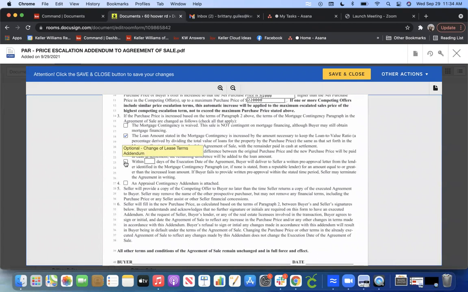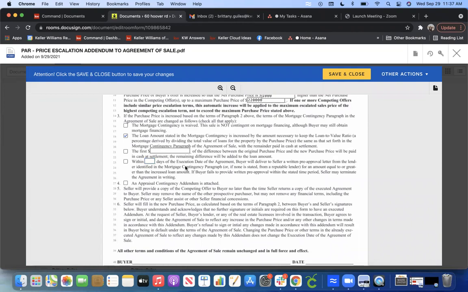Then you'll also see the option here: within blank days of the execution date of the agreement, buyer will deliver to seller a written pre-approval letter from the lender identified in the mortgage contingency paragraph, basically with an amount equal to or greater than the new purchase price. So maybe their pre-approval was only for $200,000, but they know they can go up to $250,000 or $220,000, or in this case, $211,000. They'll put in here so many days of, hey, we're going to get that updated pre-approval letter to you to prove that we can do that.